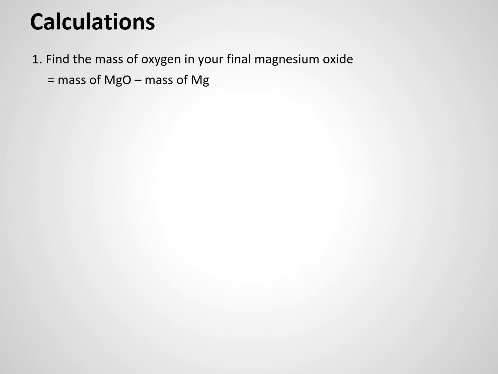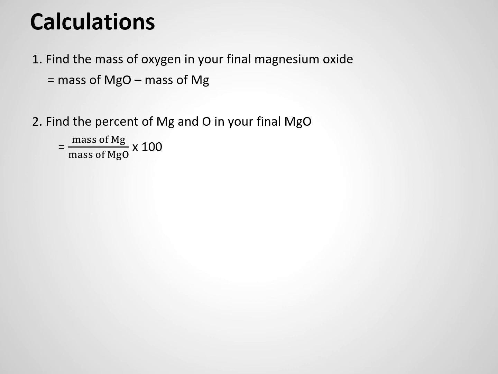So for your calculations, you will find the mass of oxygen in your final magnesium oxide sample, which is very simple. You have your final mass of magnesium oxide, and then you have the mass of magnesium that you started with, so you can subtract those from each other and get the mass of oxygen.